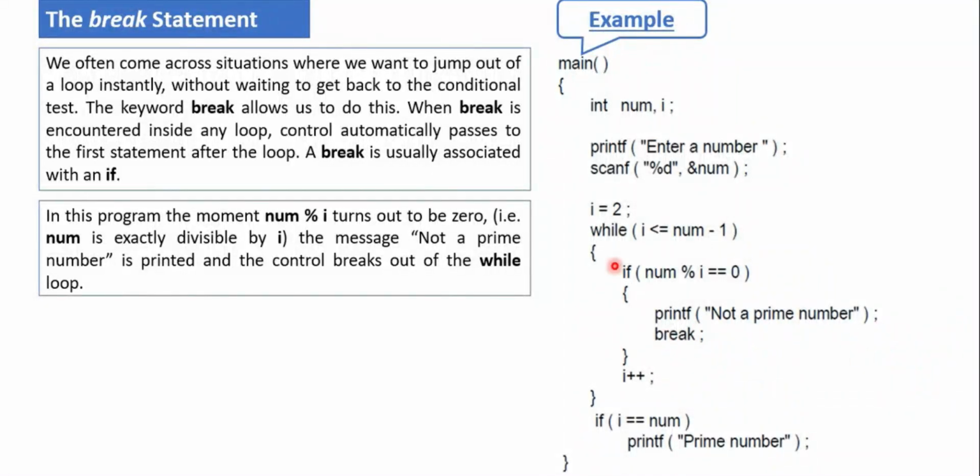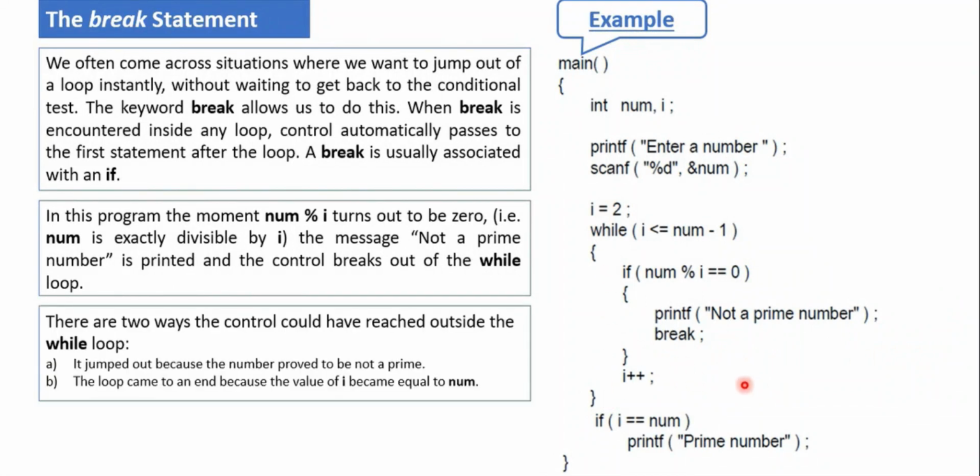There are two ways the control could have reached outside the while loop. One is if this condition is satisfied, that means the number is exactly divided by i, so it jumped out because the number proved to be not a prime. Another way is the loop came to an end because the value of i exceeded num minus 1.